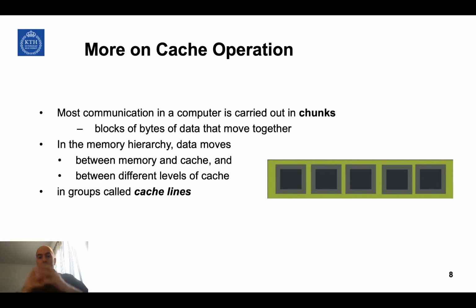So in the memory hierarchy, data moves between memory and caches and between different levels of caches. And when we look at the data movement between caches and between caches and main memory, these blocks are called cache lines.